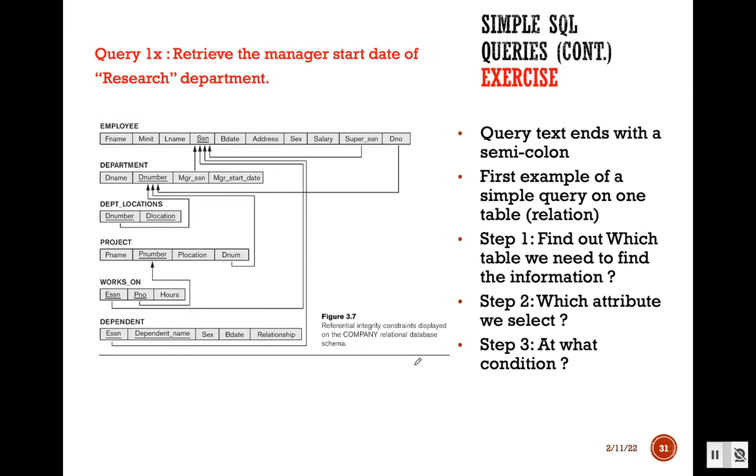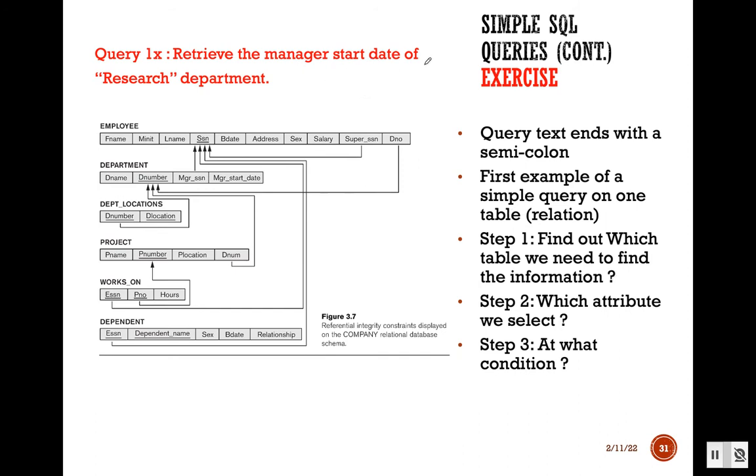So let's see another example. Let's try to find the solution of the query. We are going to write SQL from the English query. We are going to retrieve the manager start date of the research department. Obviously we are going to follow all the steps. Step 1, find out which table we need to get the information from.